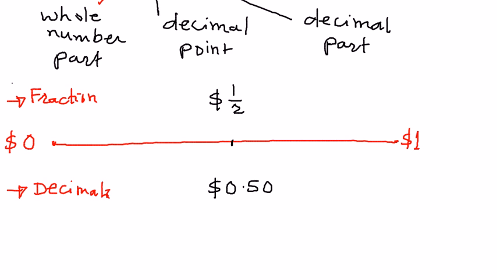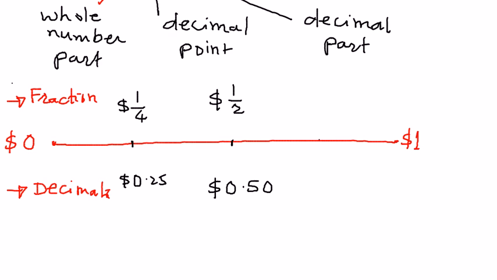If I were to take $0 and half a dollar and divide it into half, I can represent that as 1/4 of $1, or it is the same as saying it is 25 cents, or I can read it in decimal format as $0.25.